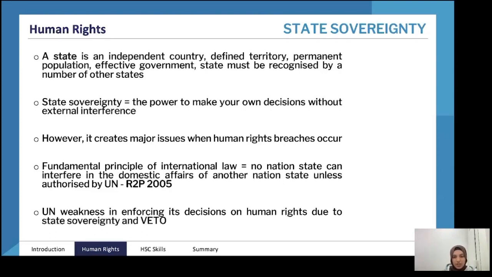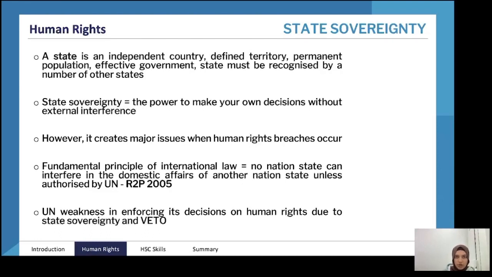However, it creates major issues when human rights breaches occur. A fundamental principle of international law is that no nation state can interfere in the domestic affairs of another nation unless authorized by the UN. And the UN will really only authorize this in some cases, for example, R2P of 2005, where they have a responsibility to protect.